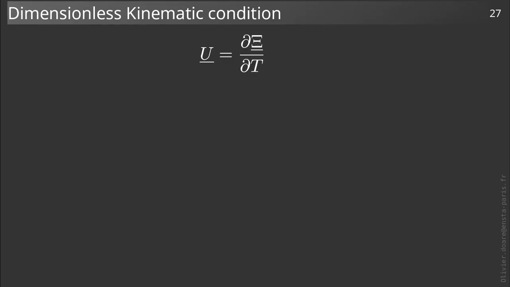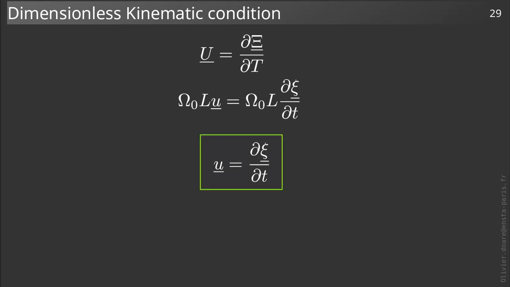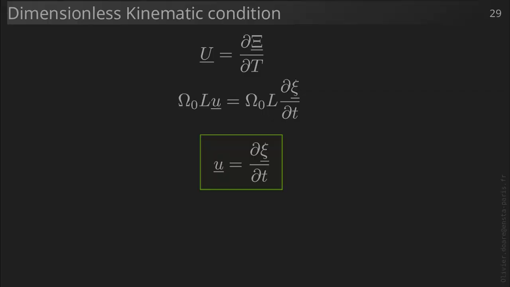The kinematic condition imposes equality of velocities at the interface between the fluid and the structure. Its scaling now makes omega naught L appear on each side, and the dimensionless kinematic condition is simply written as small u equals dxc over dt.